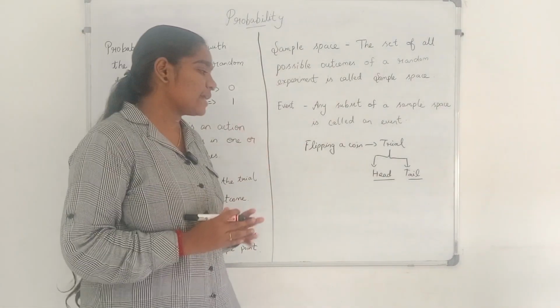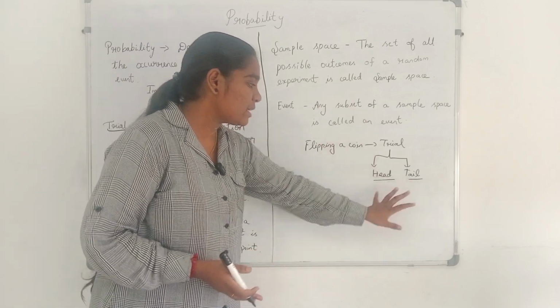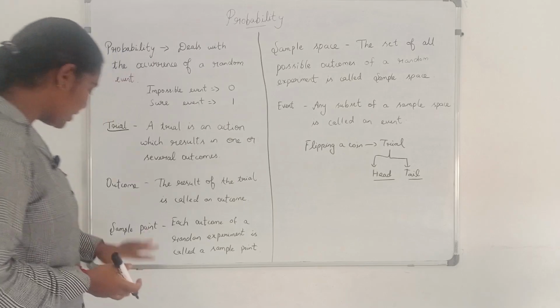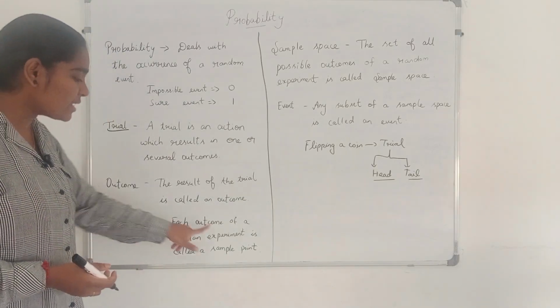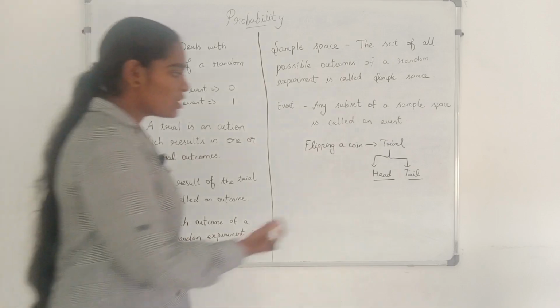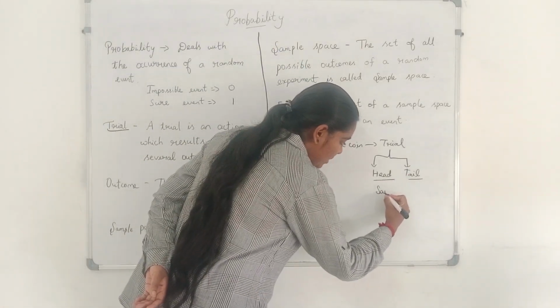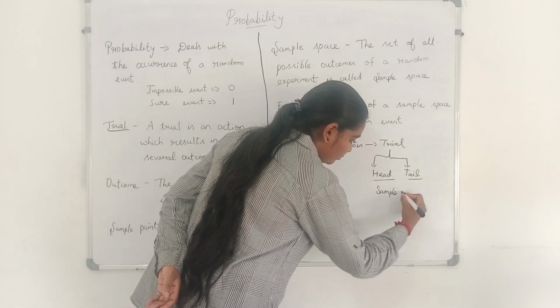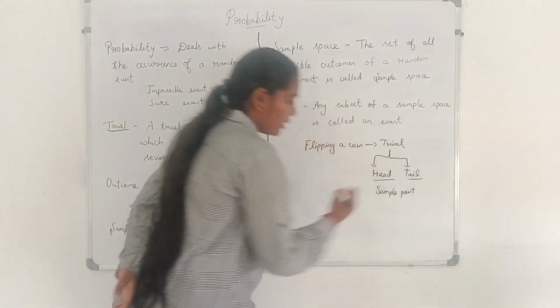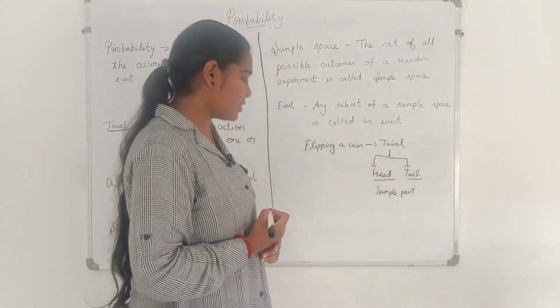So here the trial is flipping a coin and the results are head and tail. Next, sample point. Each outcome of a random experiment is called a sample point. Here, this head is a sample point, this tail is a sample point.